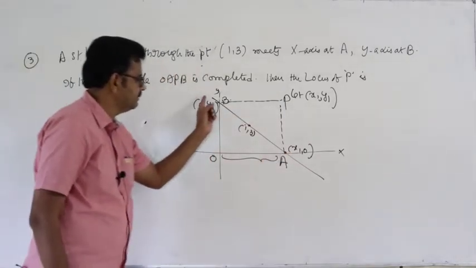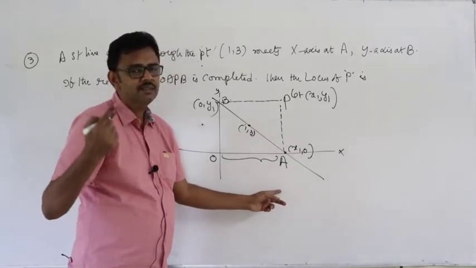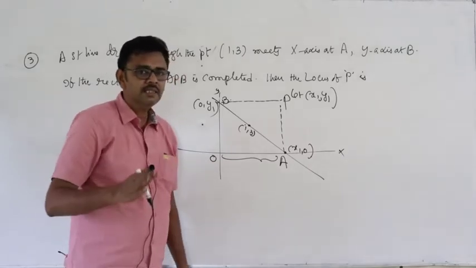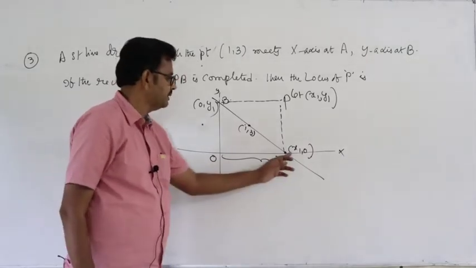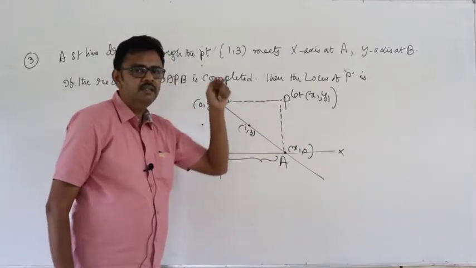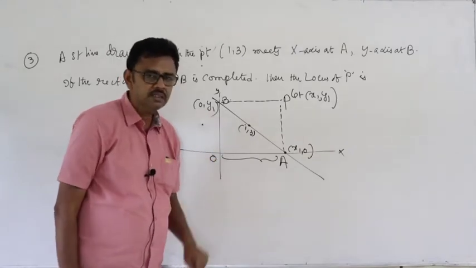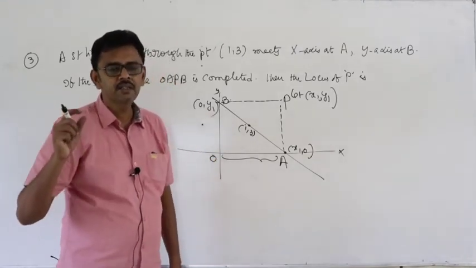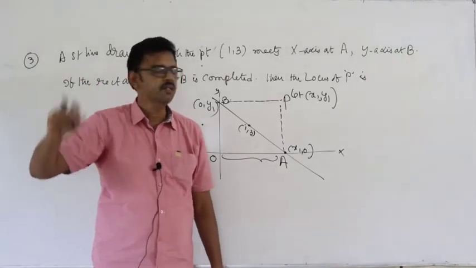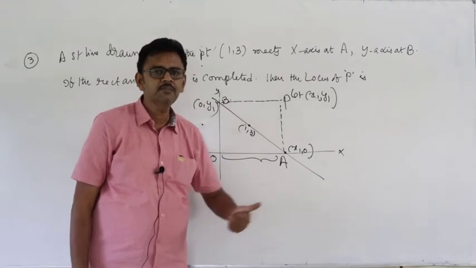Now, what is the equation of line AB? Already I told in the previous class, intercept form. A line cuts x-axis at A comma 0, y-axis at 0 comma B, then A is called x-intercept and B is called y-intercept, and the equation of line AB is x by A plus y by B is equal to 1, intercept form. Just recollect or see the previous videos.